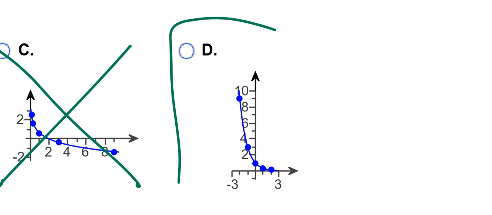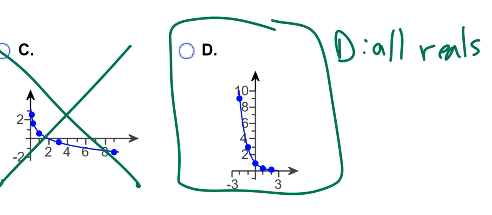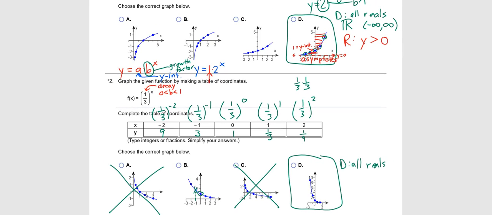Now, before you pack up, I want to know something. What's the domain of this function? That is another all-real situation. So, are you telling me that whether you are dealing with exponential growth or decay, you always get the same domain?